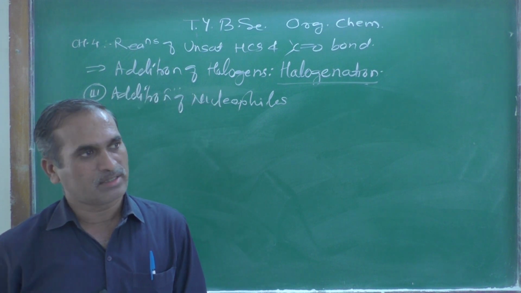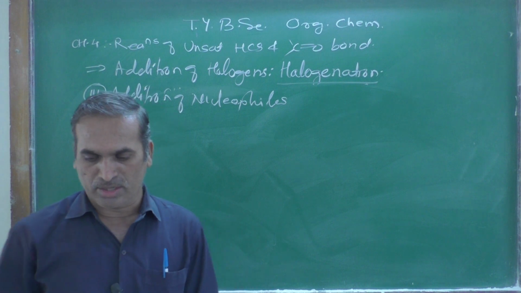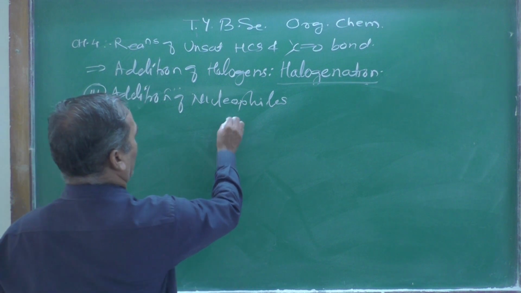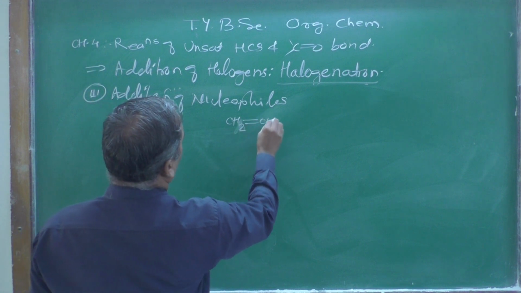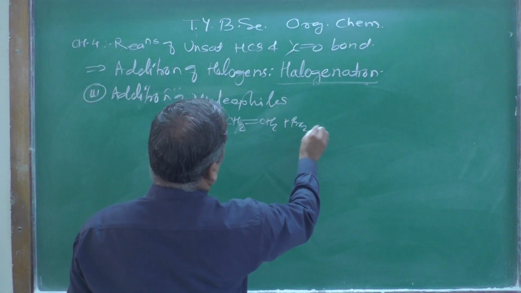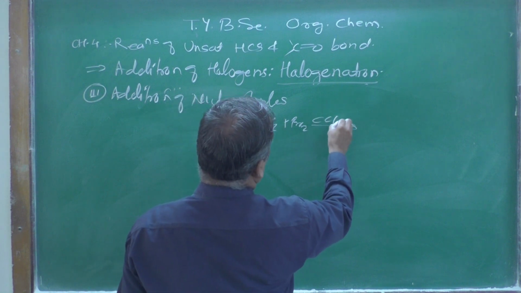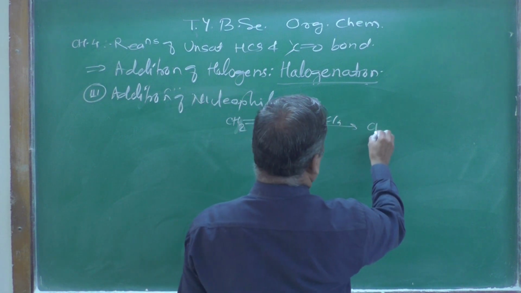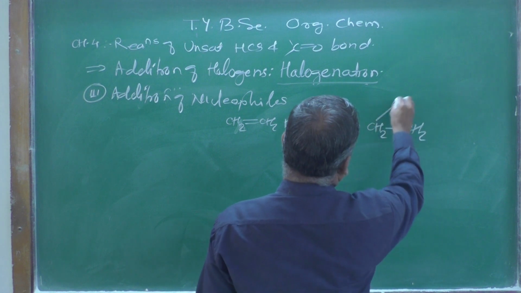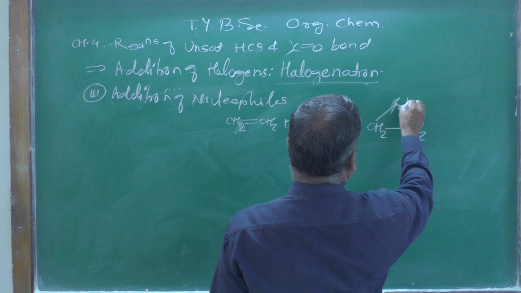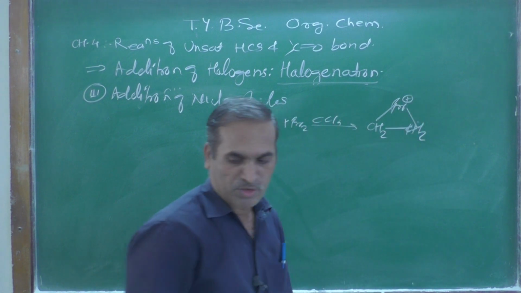They act as Lewis bases, and in general, suppose we have CH2=CH2 that is treated with Br2 in the presence of CCl4, carbon tetrachloride, and you are going to get CH2, Br, with a positive charge, that is a bromonium ion.